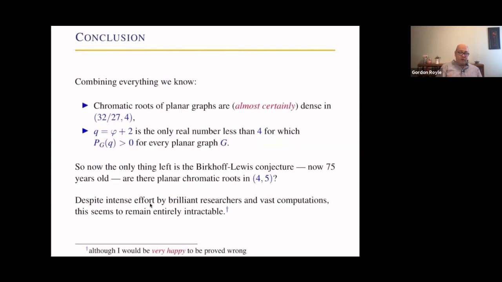Okay, so just a summary, this is my last slide. I strongly believe that chromatic roots of planar graphs are dense in this region, combining all of the results of everybody, Thomassen and so on. But I just can't prove that tiny little gap above 5+√2. So I put it away for a while and then I will come back to it again.